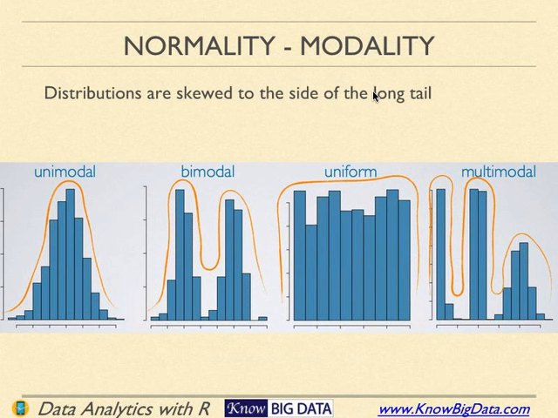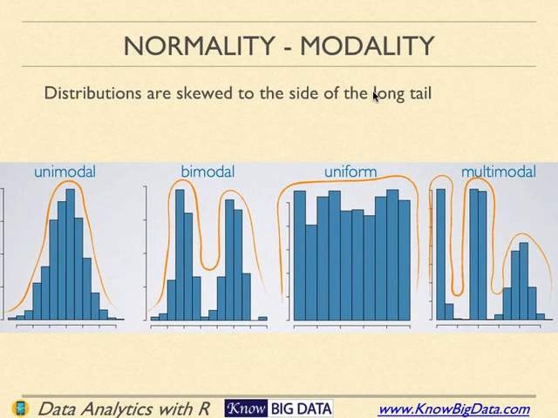Unimodal means there is only one point where a maxima occurs, while bimodal means there are 2 points where the maxima occurs, while uniform means there is no maxima or minima.